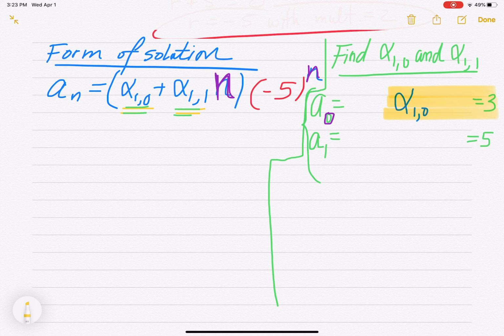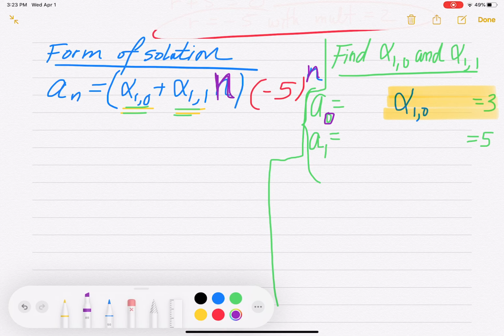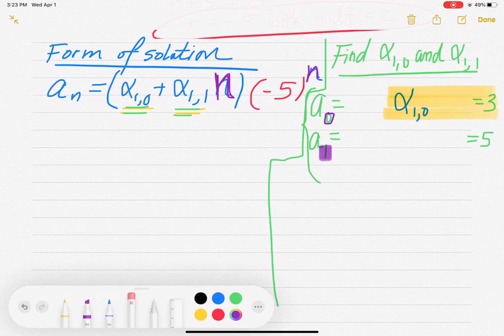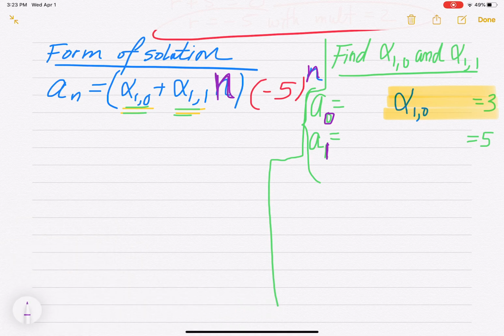Now I can plug in 1 into my a_n in place of n.